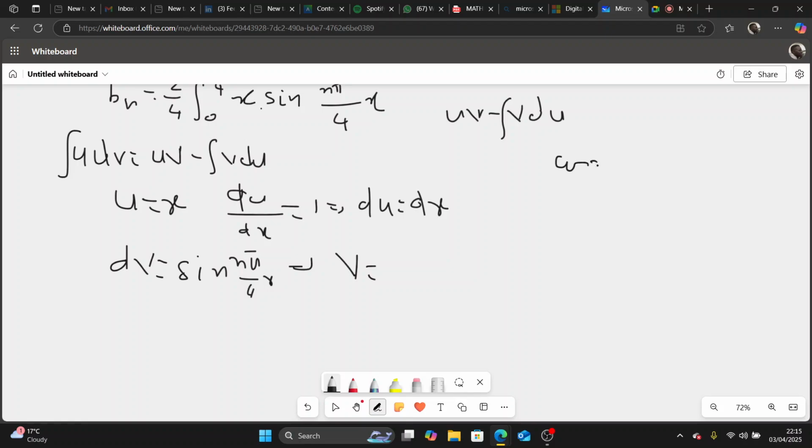If you have cos x, what is the differentiation of cos x, manager? It's gonna be negative sine x. Now, what is the integration of negative sine x?